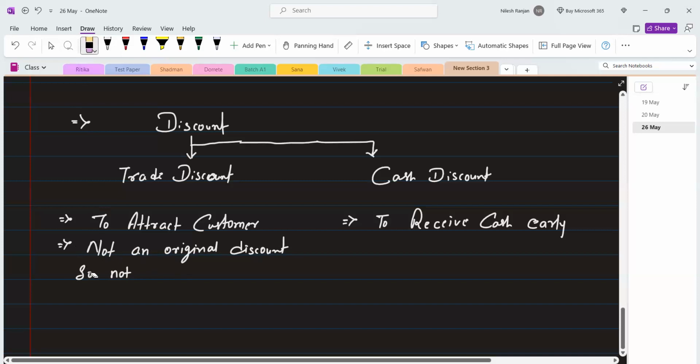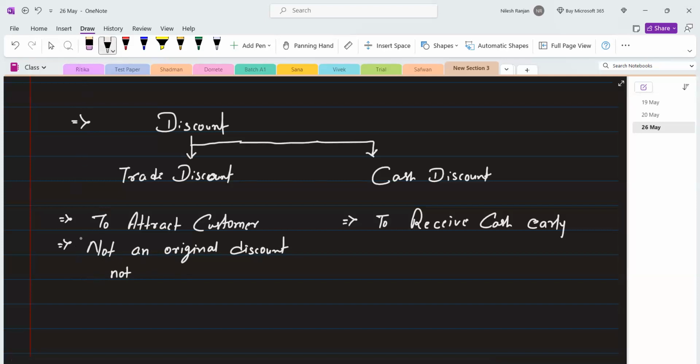Here, cash discount is recorded in the books because it is an original discount.